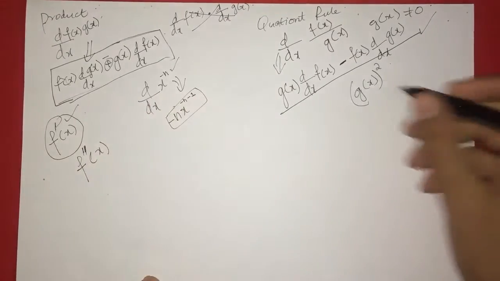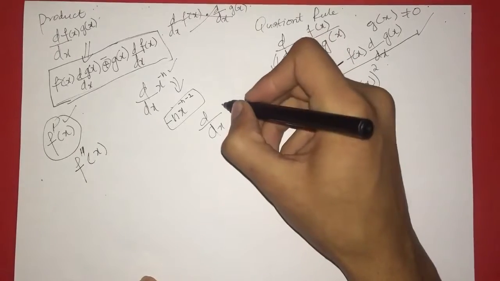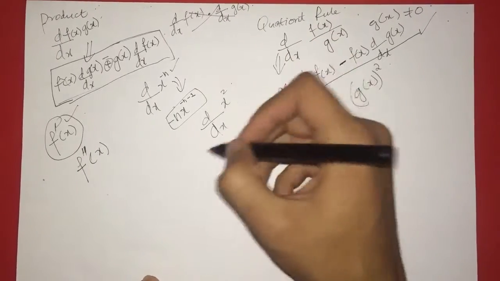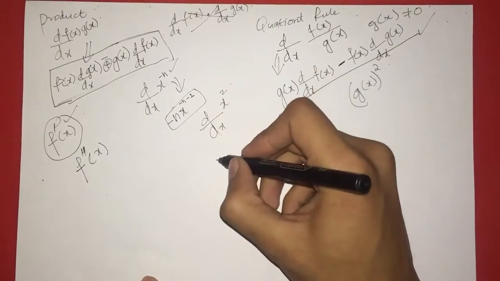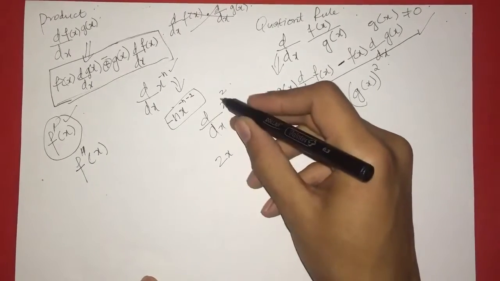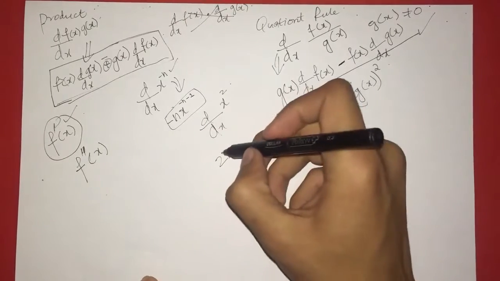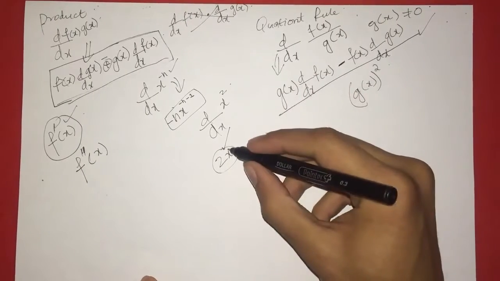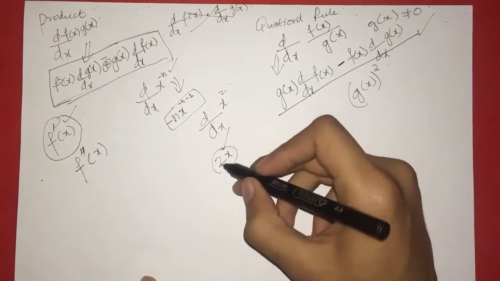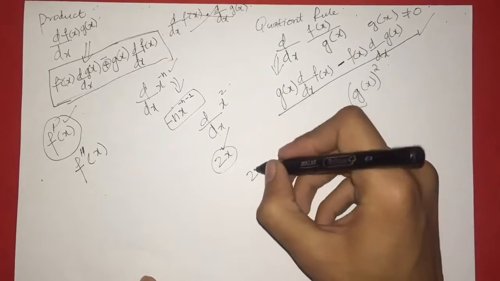For example, let me calculate d by dx of x square. According to the power rule, this will be equal to 2x, since 2 minus 1 equals 1. Now I want to calculate the derivative of this again, so that is 1 into 2, which is 2, and 1 minus 1 equals 0, so x power 0 equals 1.